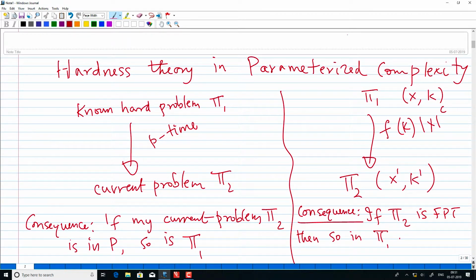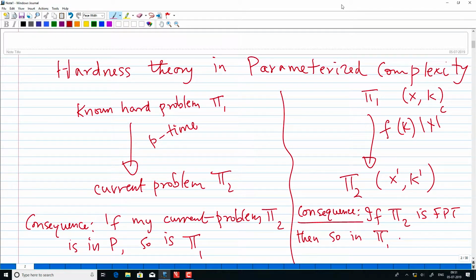So now let's go back here. I need something different from the NP completeness reductions. There are two conditions in my reduction. One is that you are allowed more time, not just polynomial time, you are allowed some FPT time.